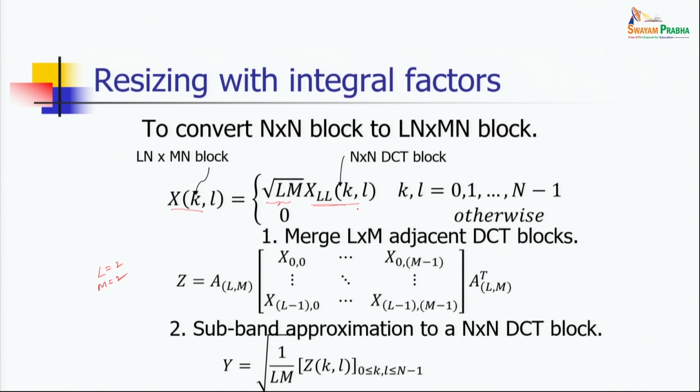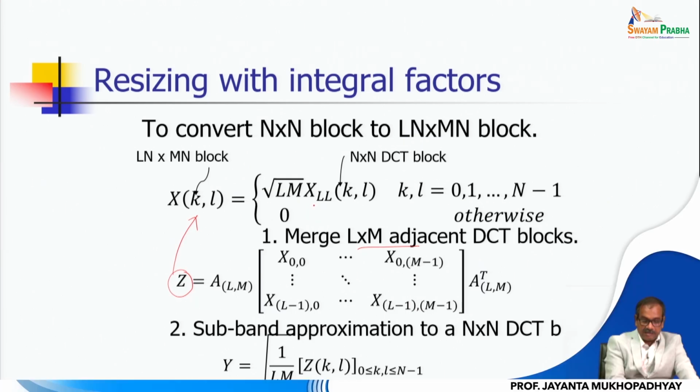This is for image downsampling. So this operation, once again, let me explain. You are merging L cross M adjacent density blocks. So this Z becomes this one, and then out of them, from there you are taking out these coefficients.